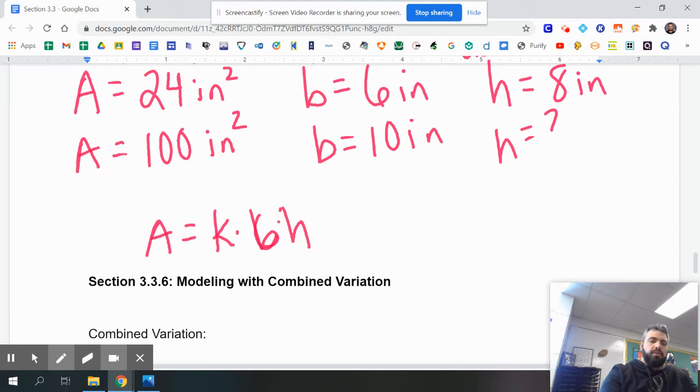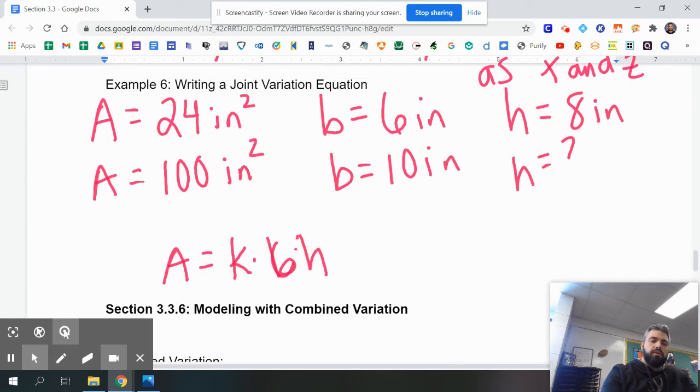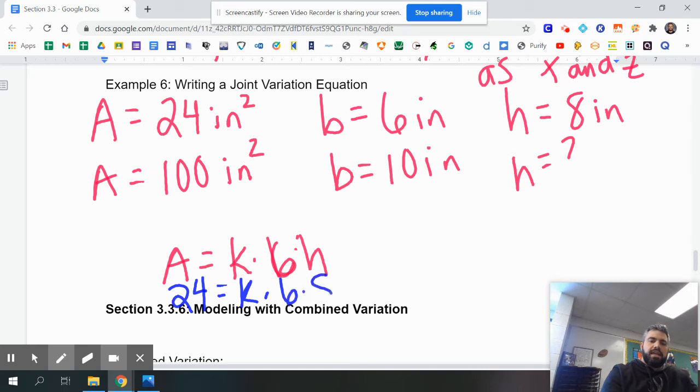And so in our problem, right, we would write it in our first one, we'd say 24 is equal to some K times 6 times 8. Now, you're probably already figuring it out in your head that 6 times 8 is 48.